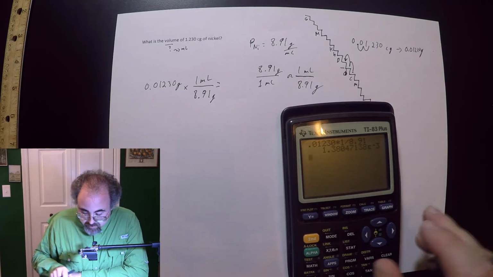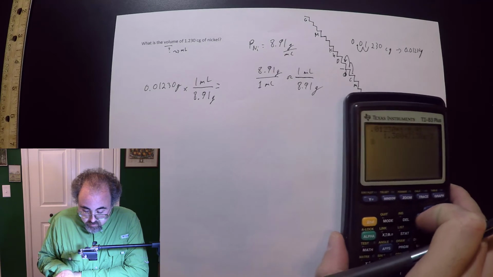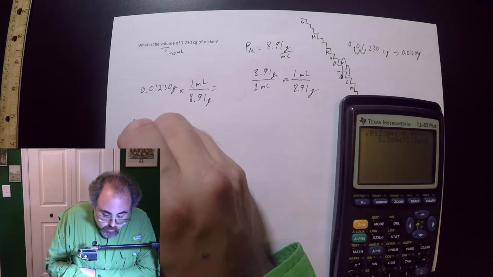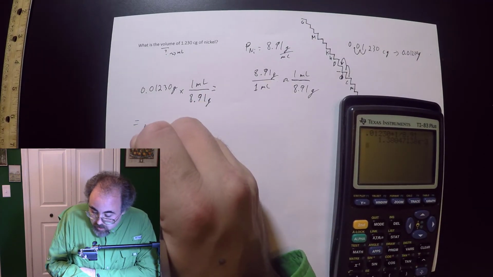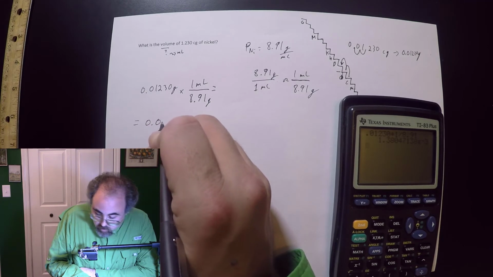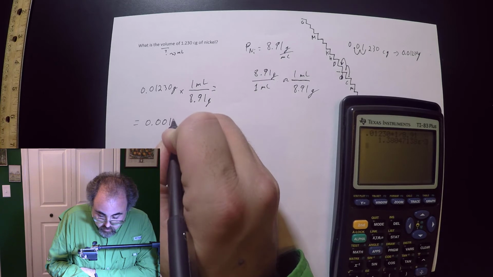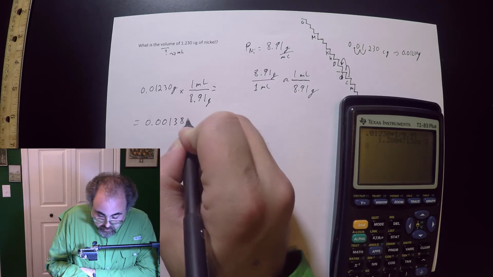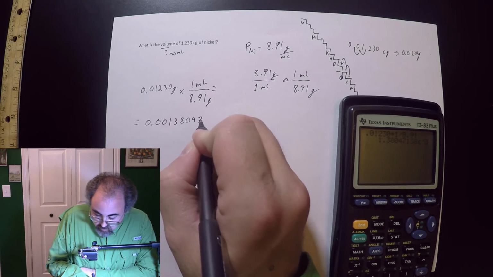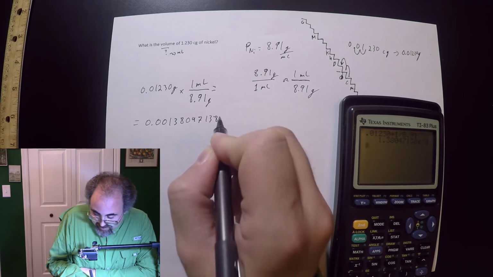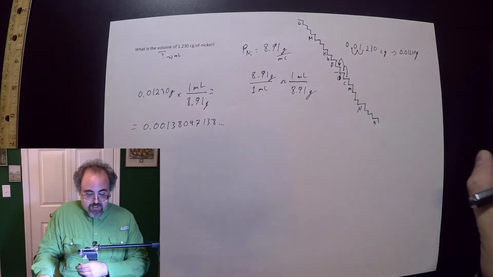By the way, I like my calculators in scientific notation. So what this is really saying is that this equals, and I'm out of room, 0.00138047138. Obviously, I'm not going to leave that.